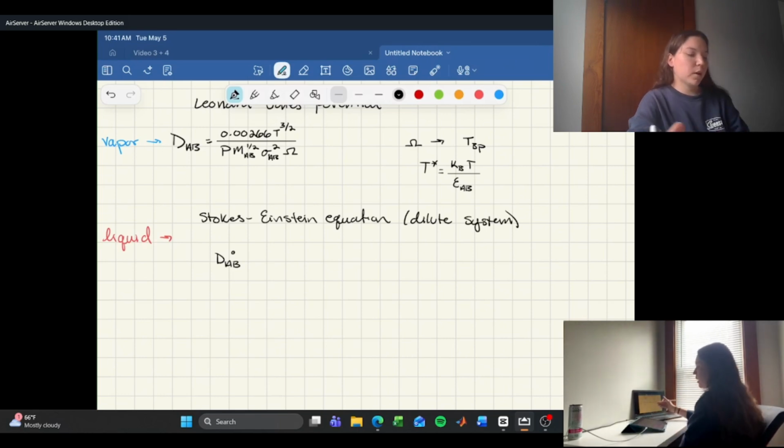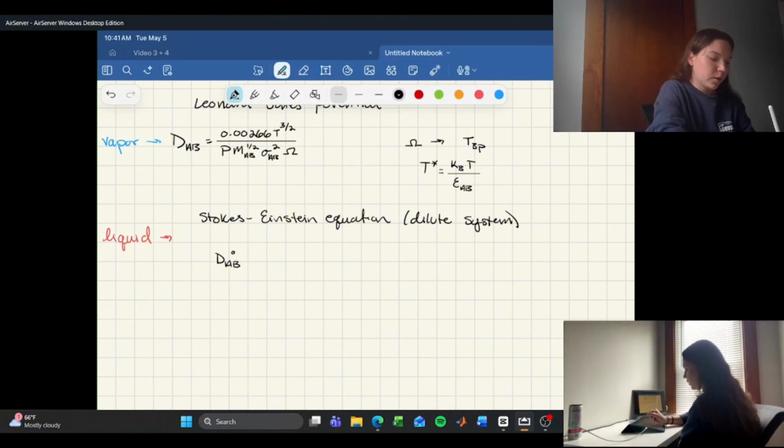So basically the amount of component B is going to be a lot higher than the amount of component A. So that's why this is going to be infinite.